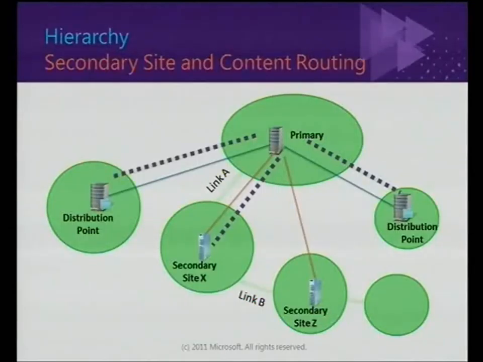So essentially we tell Config Manager that when site Z needs content, get it from site X. So from the primary site, you say distribute content there. The primary site tells site X to send that to site Z. Goes over the wire once. Once site Z has it, it can send it to a remote distribution point in its site, and it only goes over once.